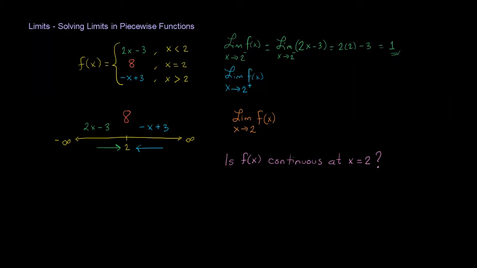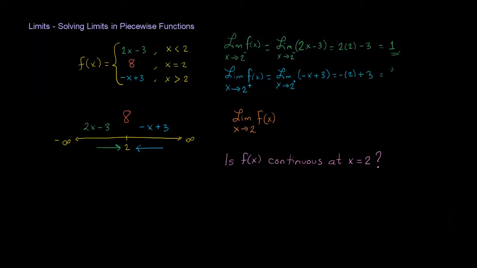Now let's get to the limit when x approaches 2 from the right. In this case f of x is negative x plus 3. I'm going to substitute right away. We do not have an undefined expression.